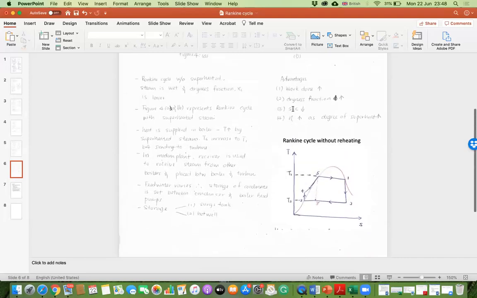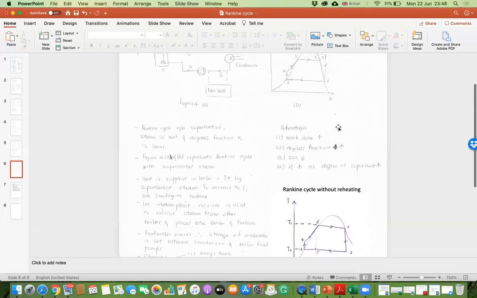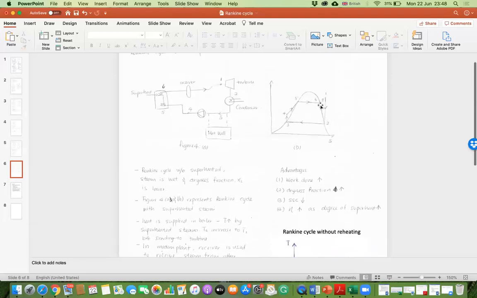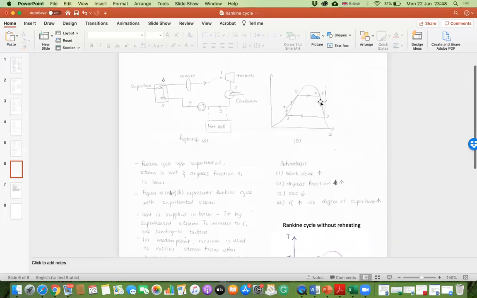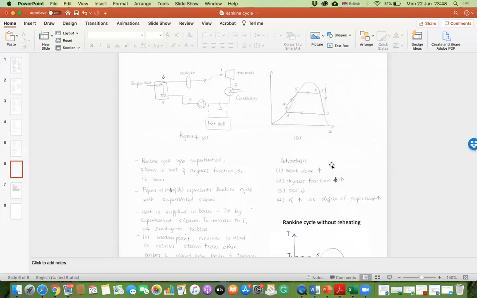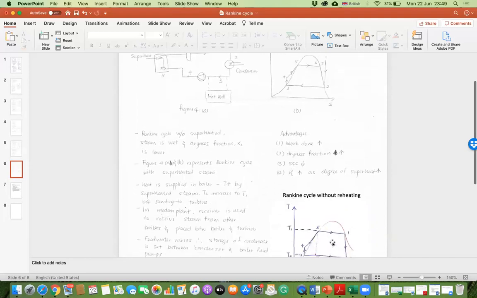What else? What is the benefit of having the Rankine cycle with reheating? You can increase the work done. Do you still remember the work done is the surface area in the cycle? If you compare to this one, this is a much higher surface area, thus higher work done.